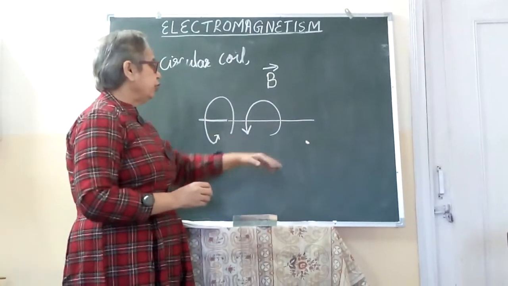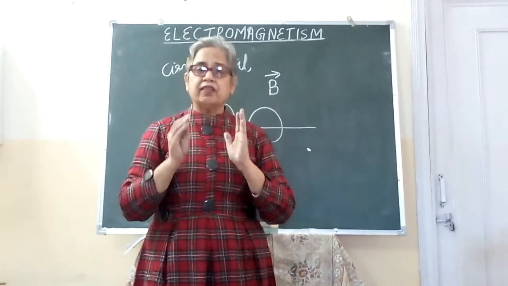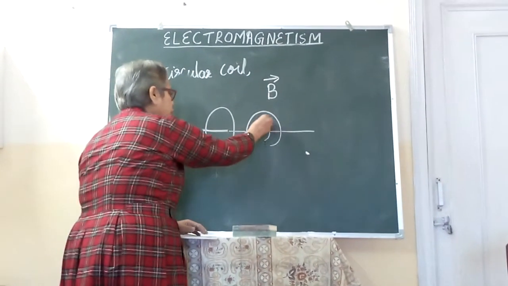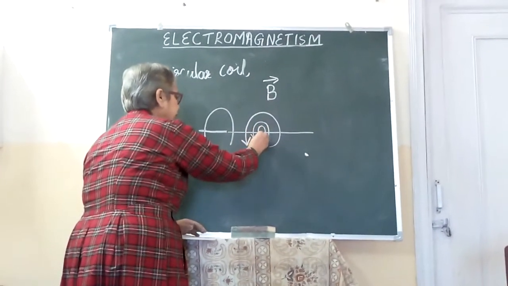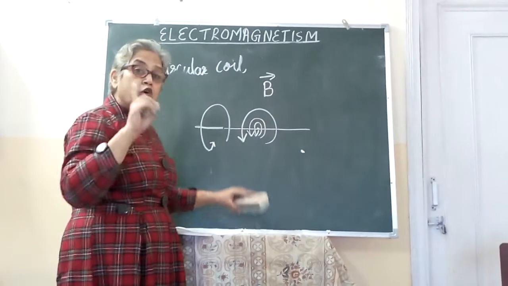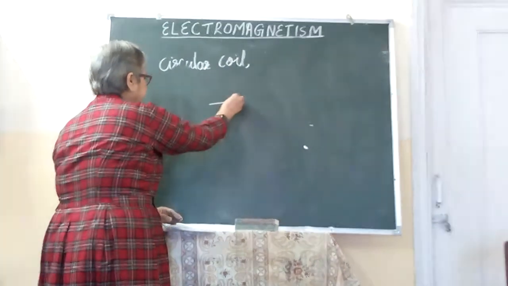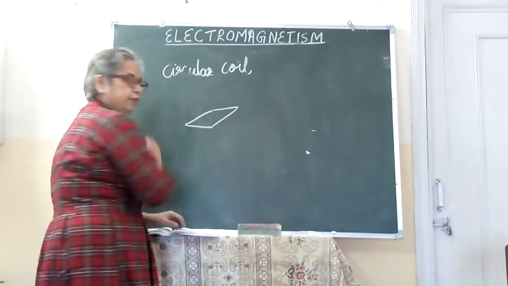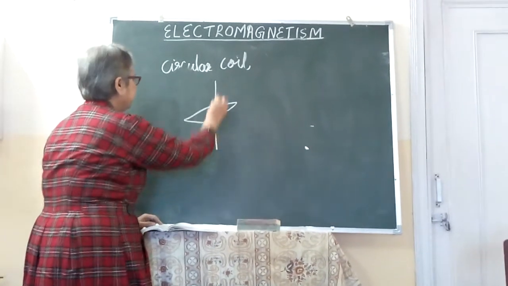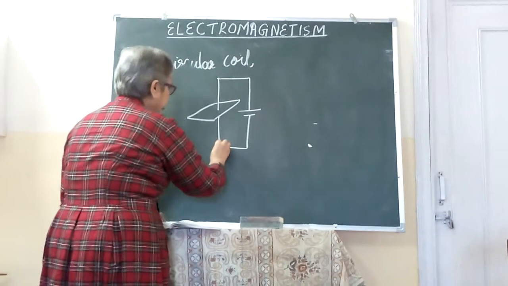It is having a magnetic field which is in the form of concentric rings. And this was proved experimentally, and the radius is changing, but the circles are concentric. So how was it proved? It was proved like this: if you have a surface, and you have a straight current carrying conductor which is connected to the battery.